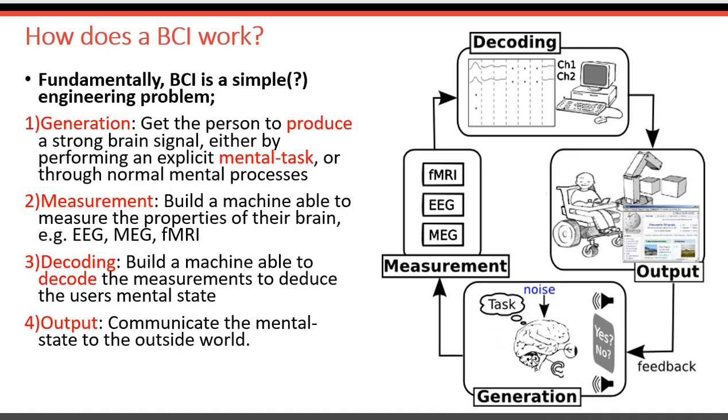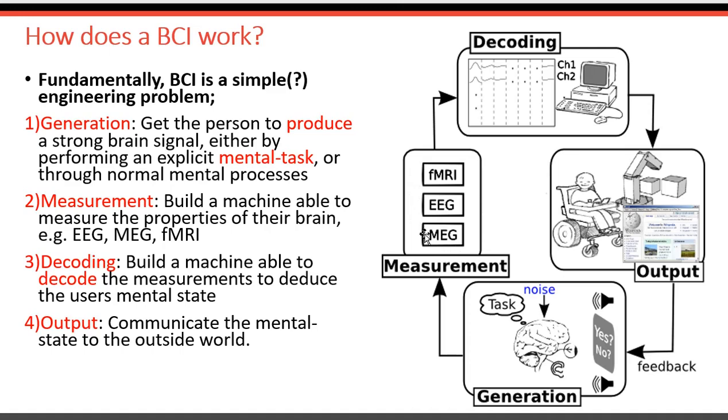Second, since we have this data being generated by the person, we have the measurement part. We need a system, some kind of technology, some sensors that will pick up the brain signal from the human participant and then provide us quantifiable data of some form.